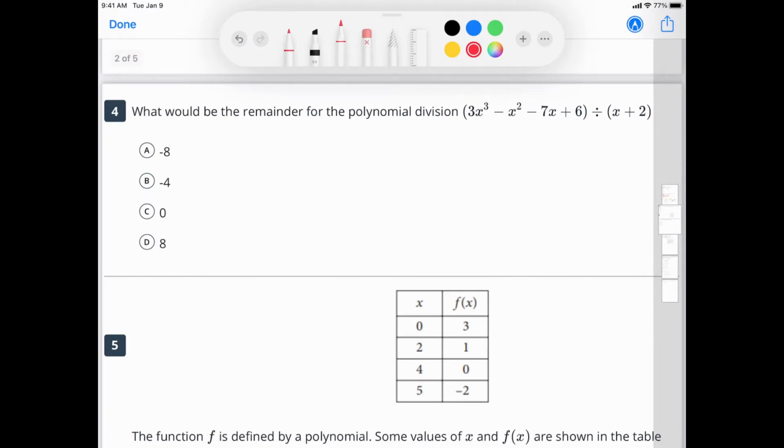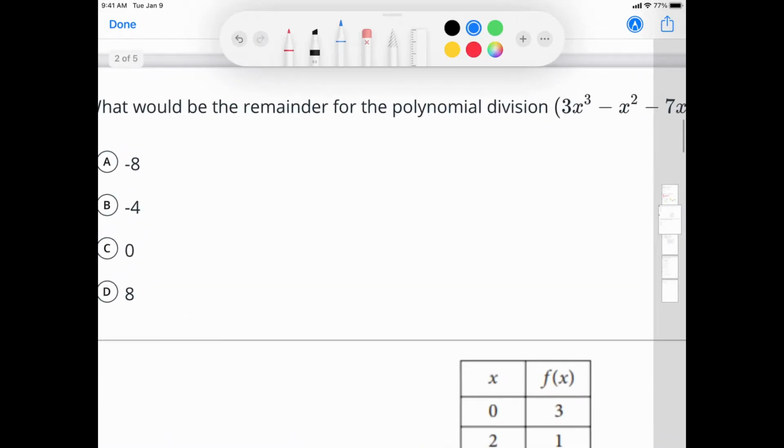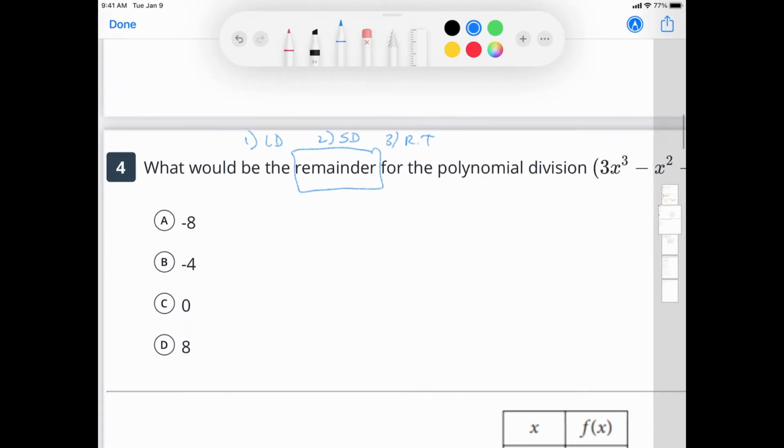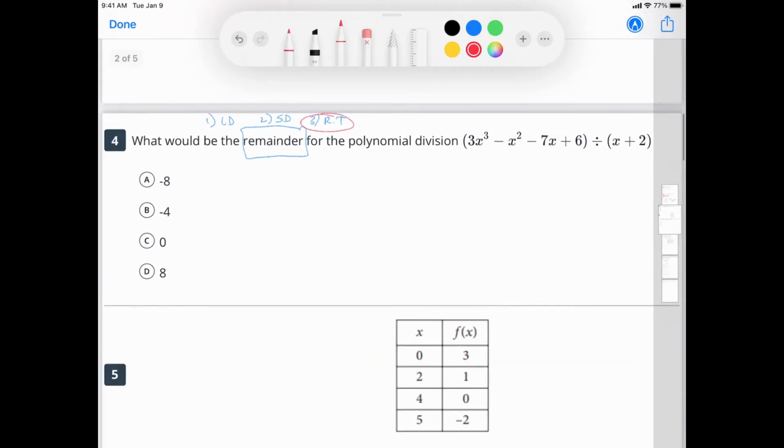All right, number 4. What would be the remainder of the polynomial division? Okay, so in this problem, you can find the remainder in 3 ways. You can use long division, you can use synthetic division, or you can use the remainder theorem. I'm going to use the remainder theorem for this problem.